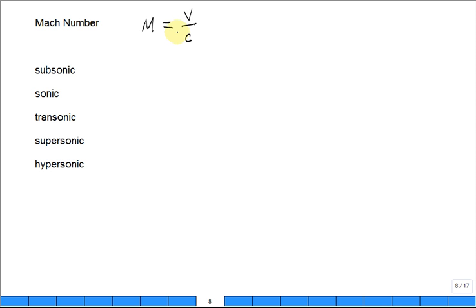What is the actual speed divided by the speed of sound, or the sonic speed in that air or substance, fluid? If you have subsonic, that's the Mach number less than 1. And usually if the Mach number is less than about 0.3, there are no compressible effects, even though it may be air.